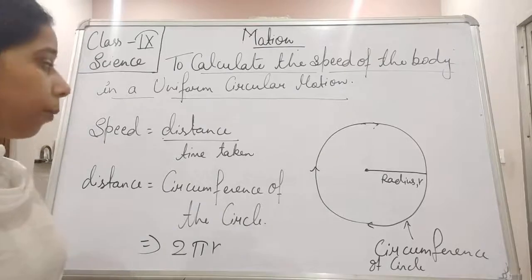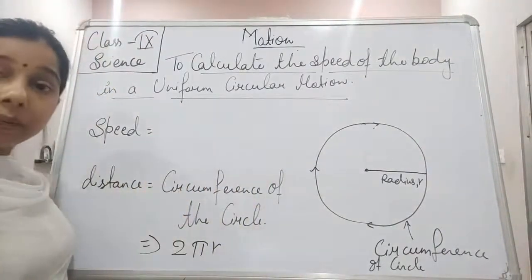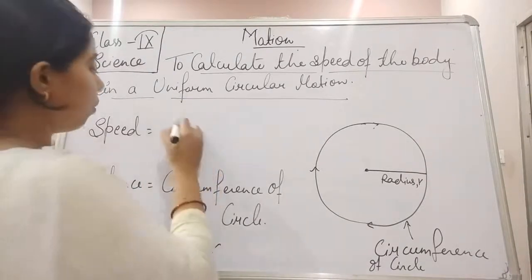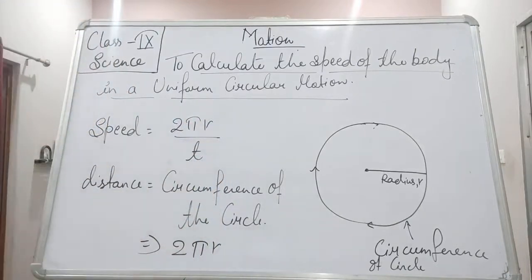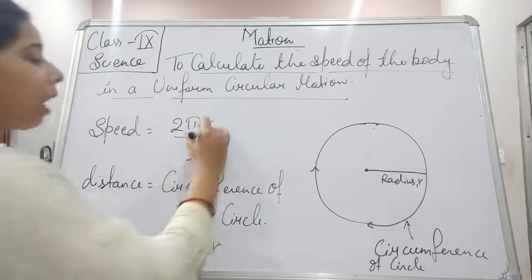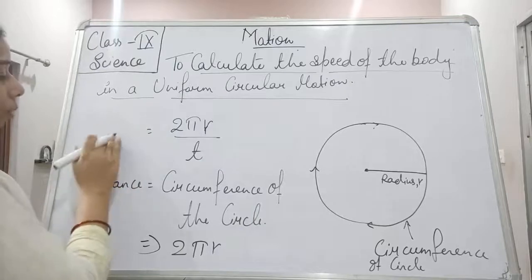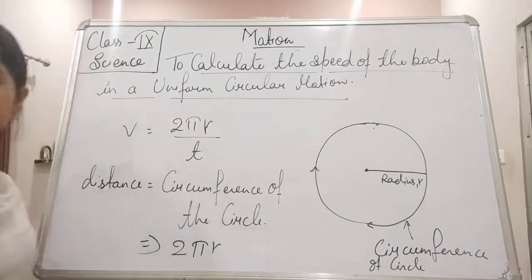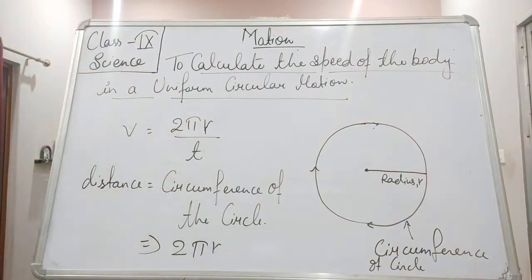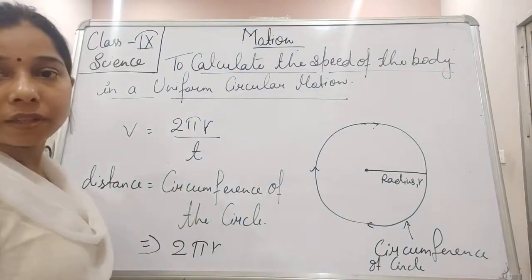Putting this in the speed formula, the distance traveled is 2 pi r, and the time we take as small t. Instead of the word speed we use v. So v is equal to 2 pi r upon t, where v is the speed, pi is 22/7, r is the radius, and t is the time taken.